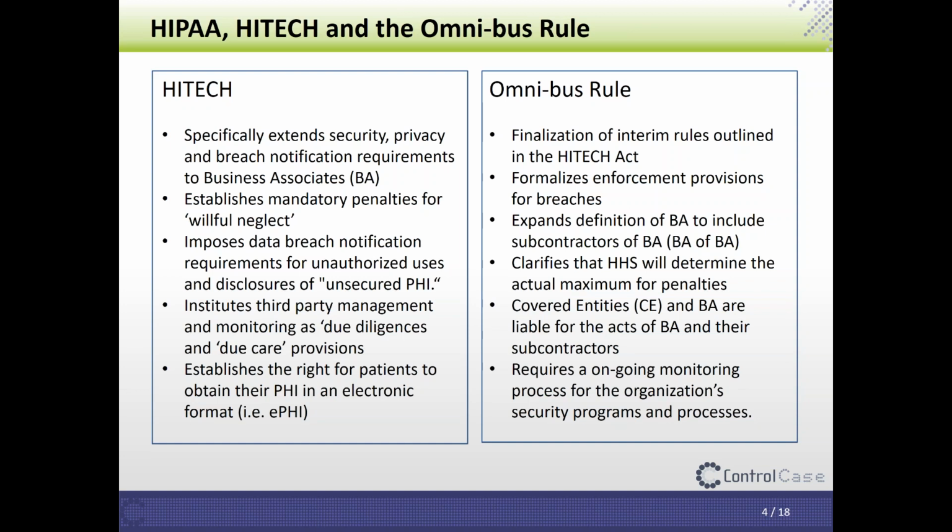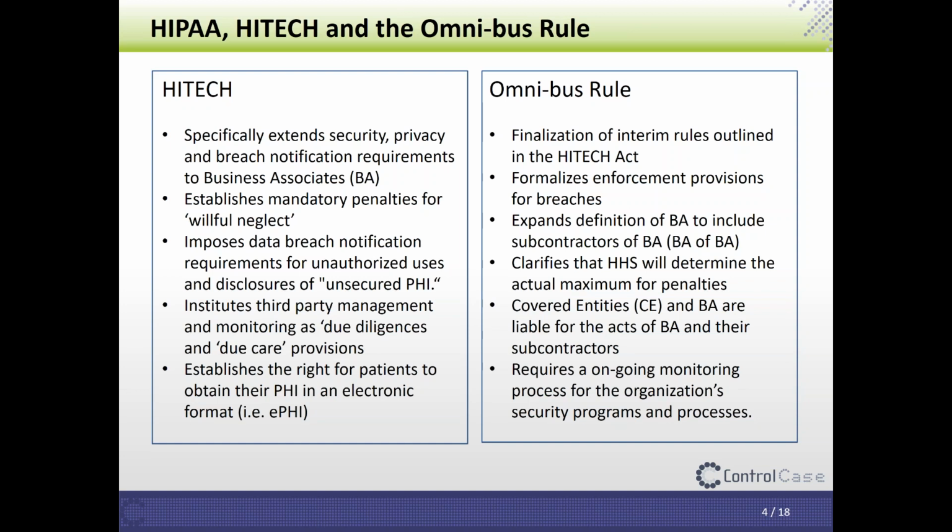It also established penalties and breach notification guidelines, and at the highest level, ensured that anyone in the ecosystem, including third parties or business associates, has a responsibility to protect healthcare data.